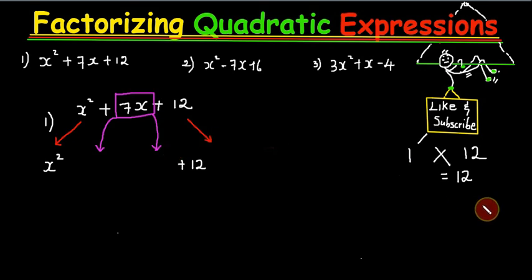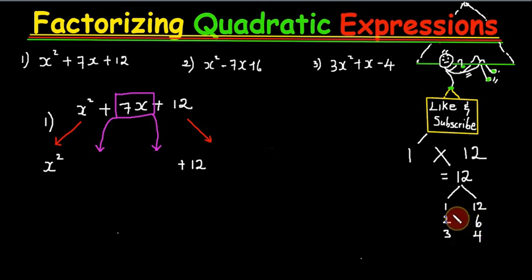So we will find factors of 12 in pairs. The first thing we will write is 1 multiplied by 12. How else can we get 12? 2 multiplied by 6. We have 3 multiplied by 4.